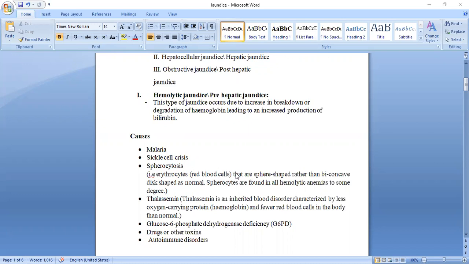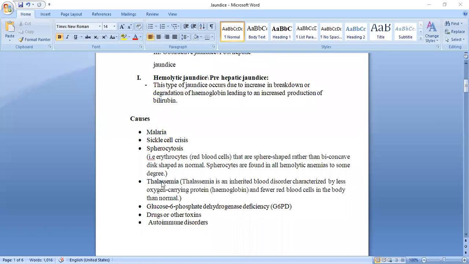But here they are spherical in shape, that is why it is called spherocytosis. Due to this change in shape, they break down. Spherocytes are found in all hemolytic anemias to some degree. Due to this shape, they break down easily. So this is spherocytosis.